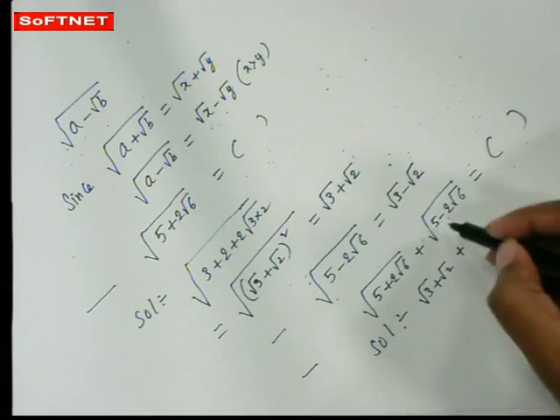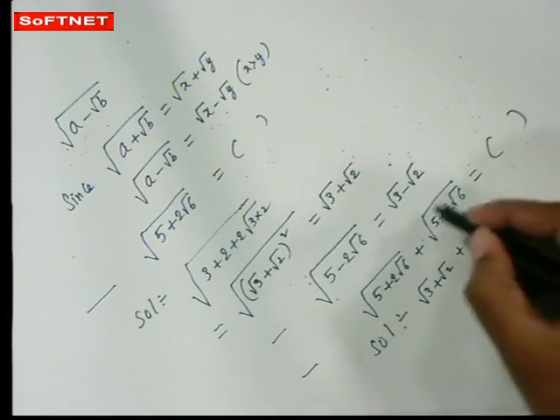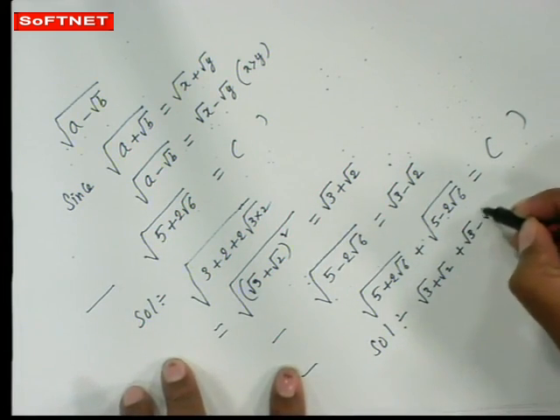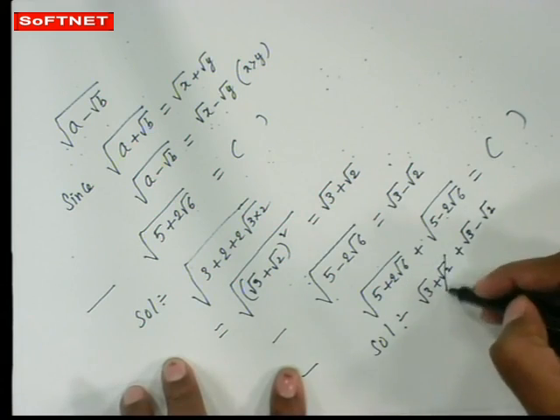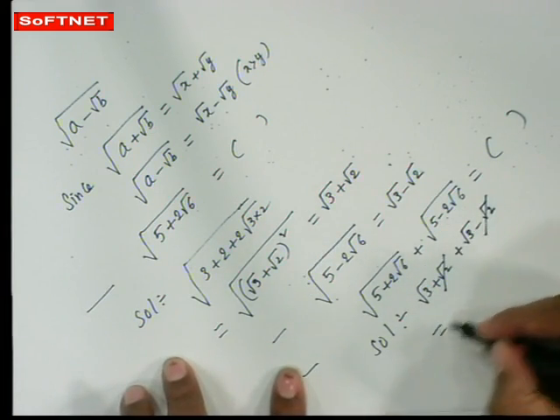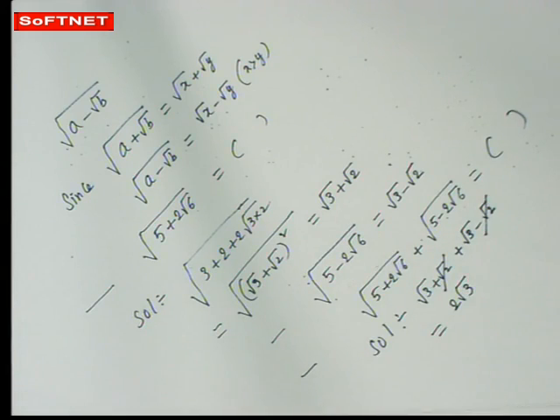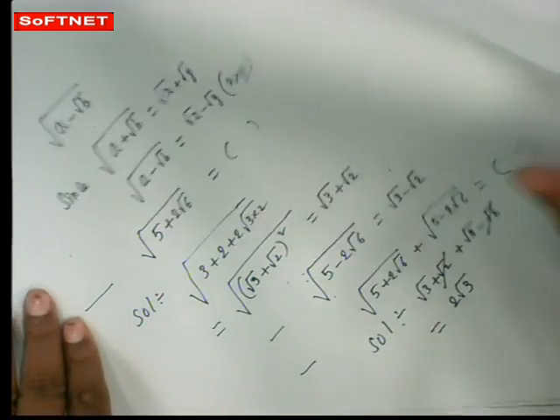In a similar manner, write the conjugate, root 3 minus root 2. The root 2 and minus root 2 get cancelled, and we get 2 root 3. Followed?